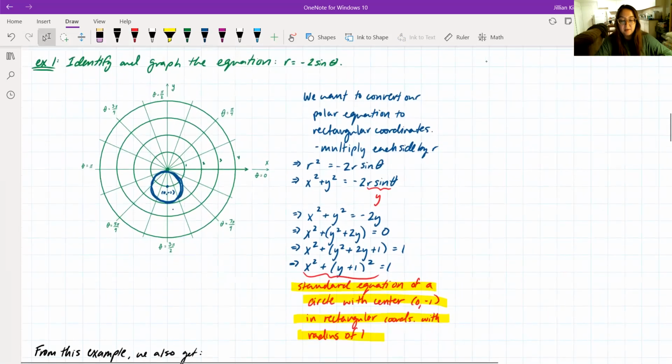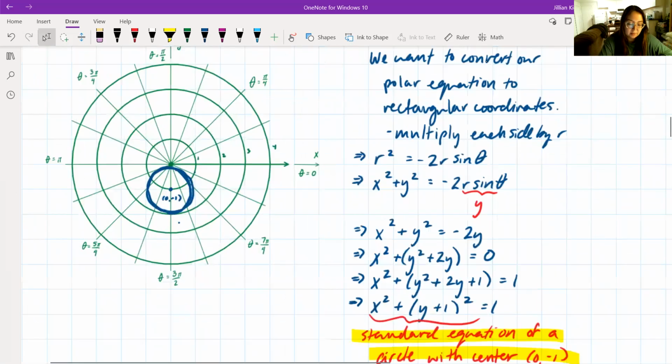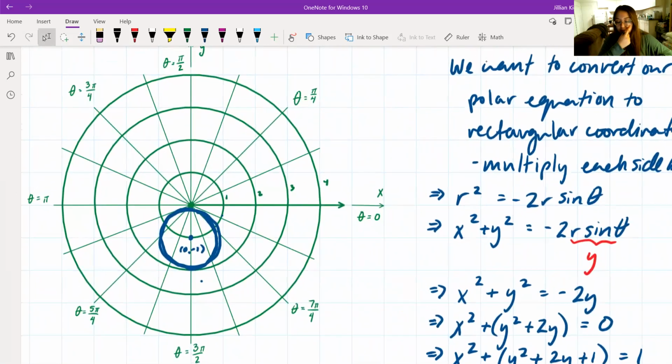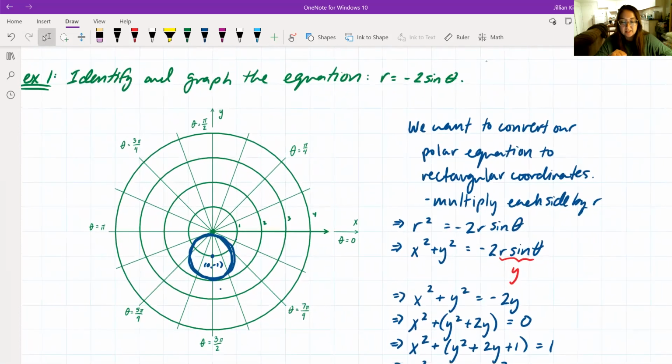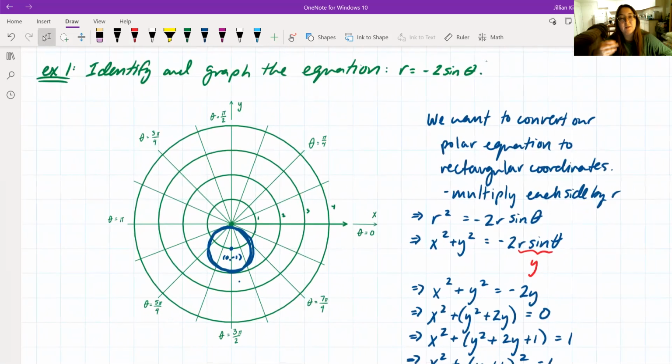So basically we ended up with a small circle with radius 1 that was going to be centered at 0, -1. And this is the point on our polar coordinate that corresponds to the point 0, -1. But obviously this is going to end up corresponding with our radius and our value of r and our value of theta in terms of polar coordinates as well.